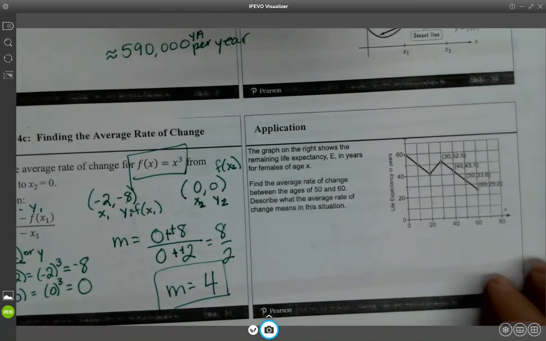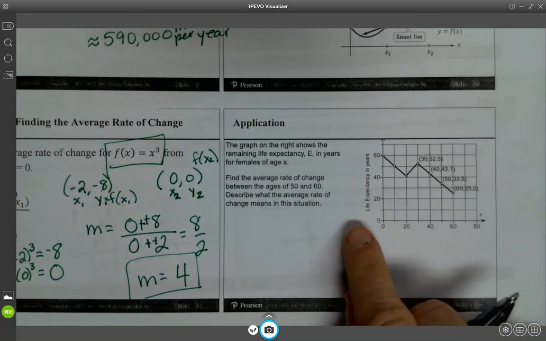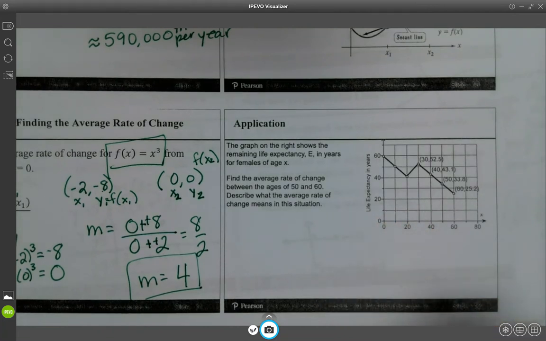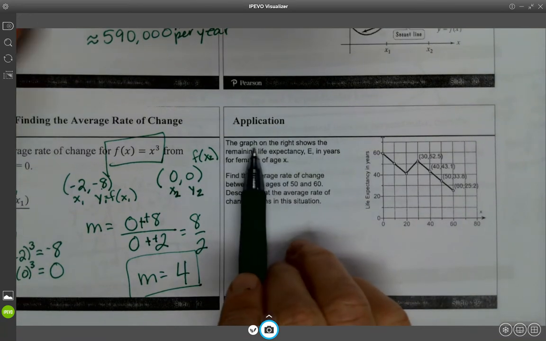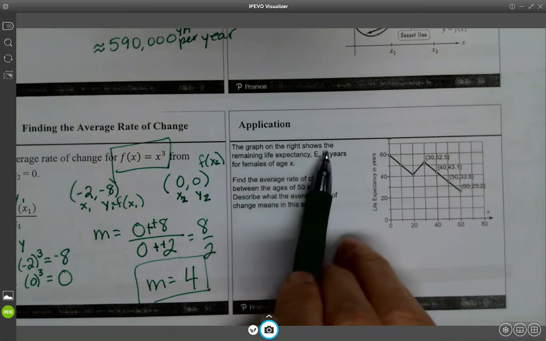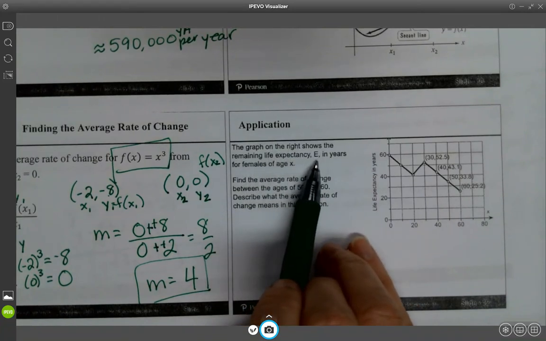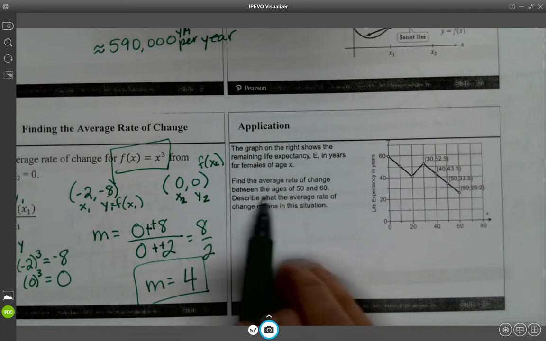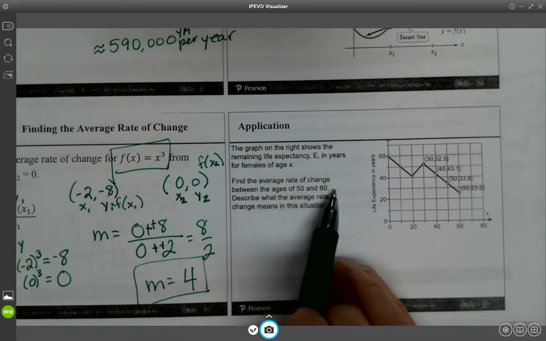So an application of this would be where you actually have a graph and you want to find your average rate of change just for one particular segment of data. So this one says the graph on the right shows the remaining life expectancy, E, in years for females of age x. Find the average rate of change between the ages of 50 and 60.